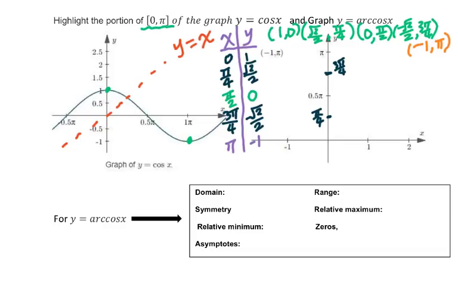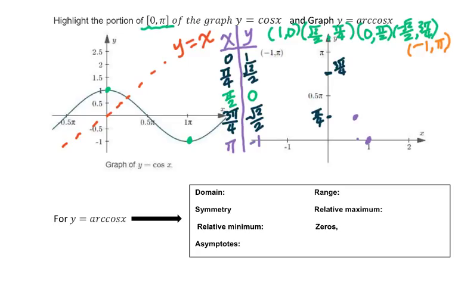Let's plot these points. We got 1, 0. Square root of 2 over 2, that's 0.7, will be pi over 4.